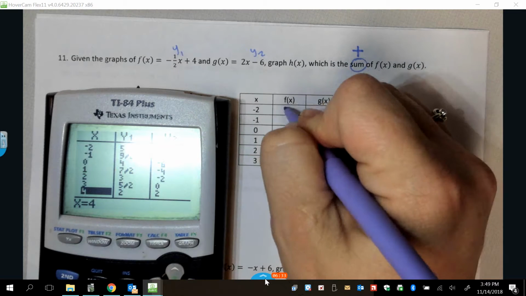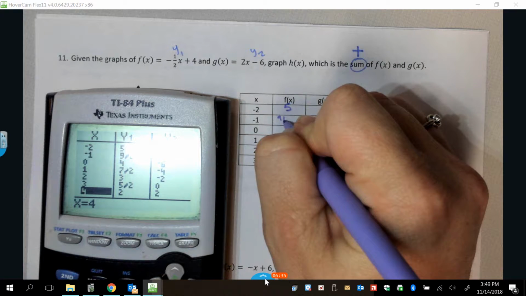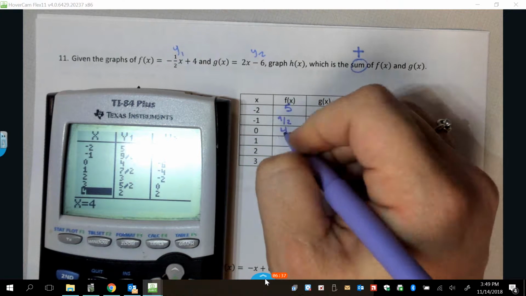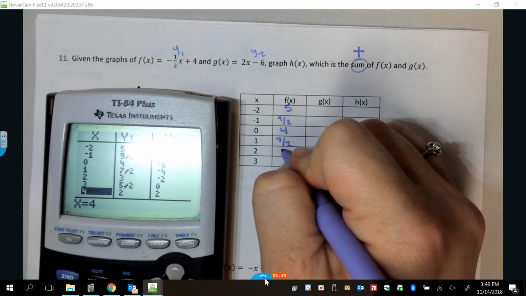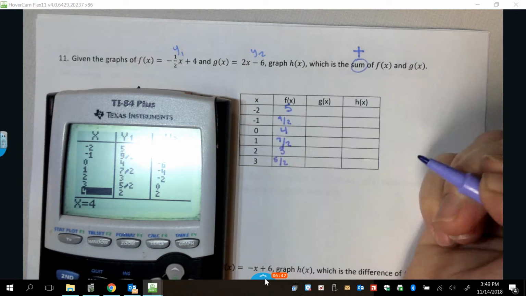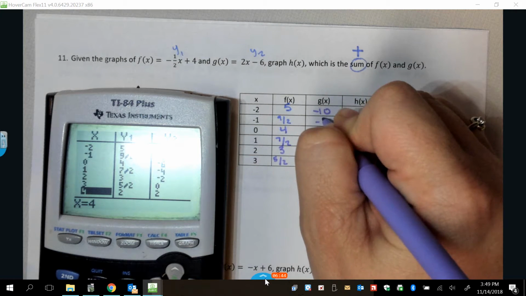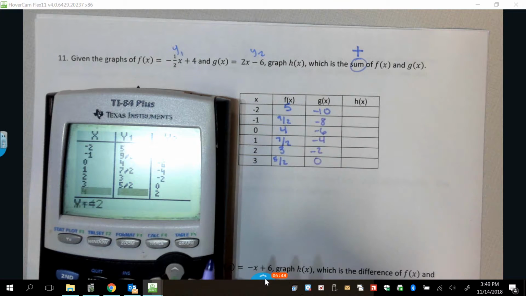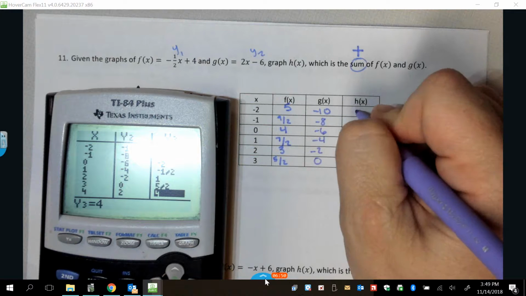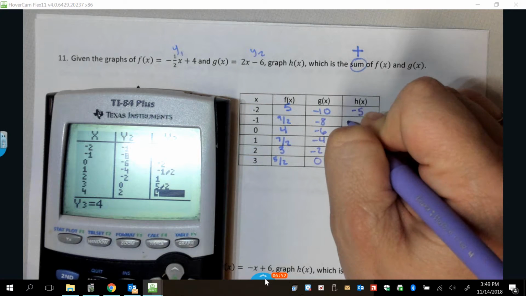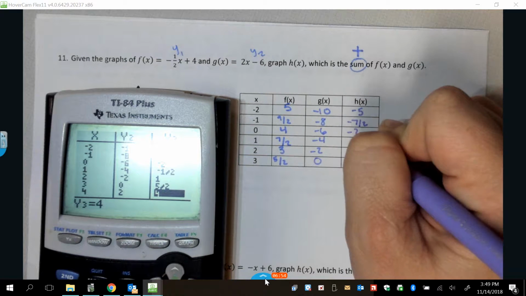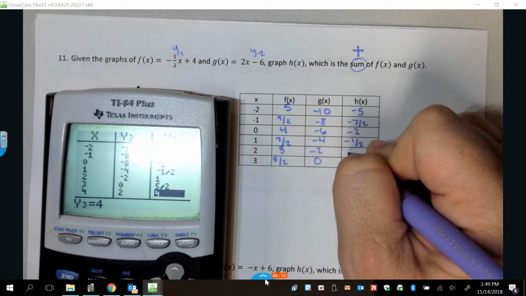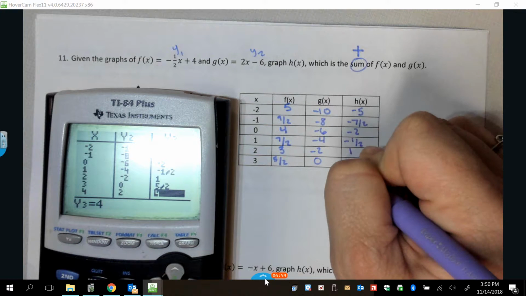So I have 5, 9 over 2, 4, 7 over 2, 3, 5 over 2, negative 10, negative 8, negative 6, negative 4, negative 2, 0, and then scroll over to y3. Negative 5, negative 7 over 2, negative 2, negative 1/2, 1, and 5 over 2.